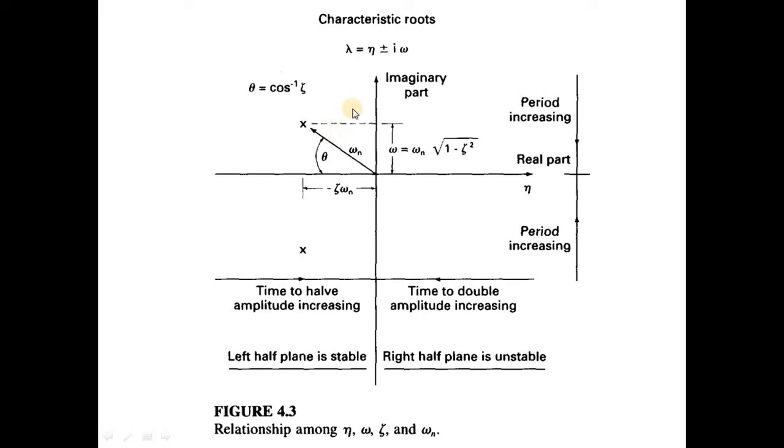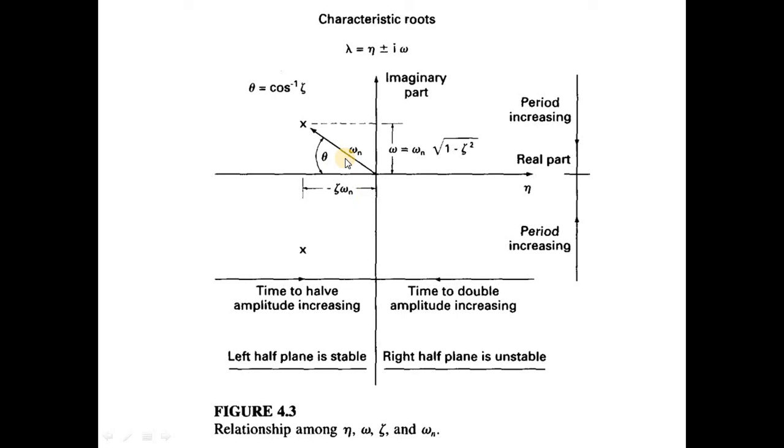In fact, although your period of oscillation decreases, your time to half amplitude is increasing, meaning that it will be slow to settle.